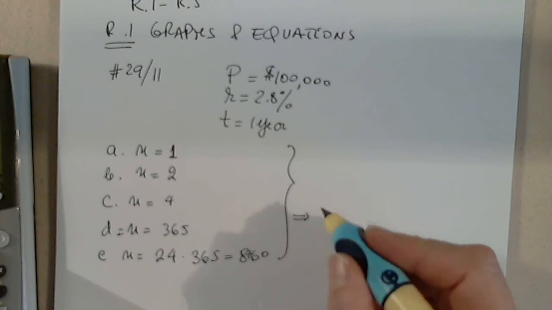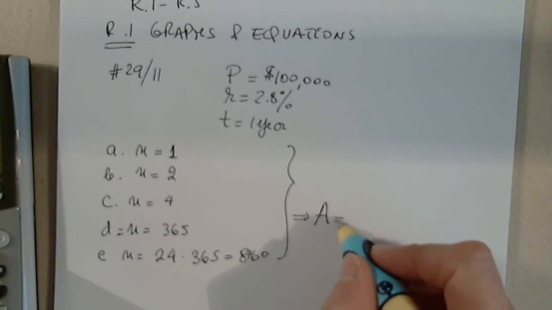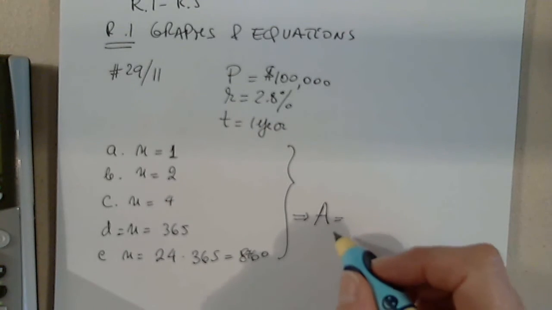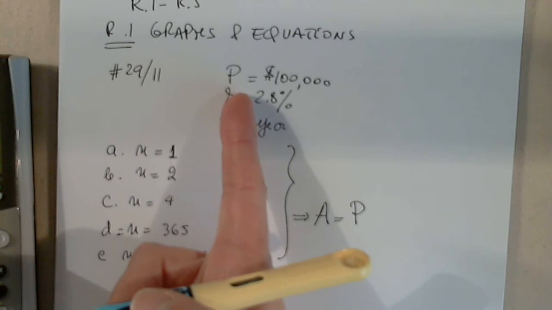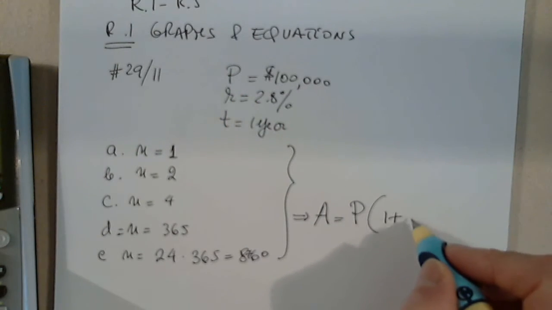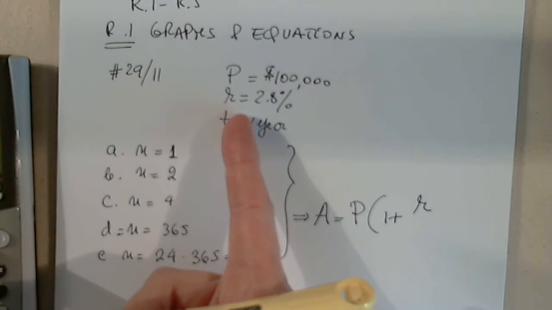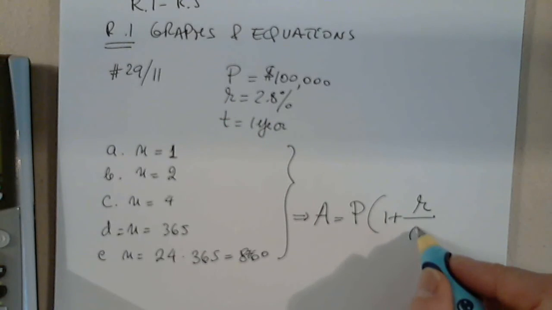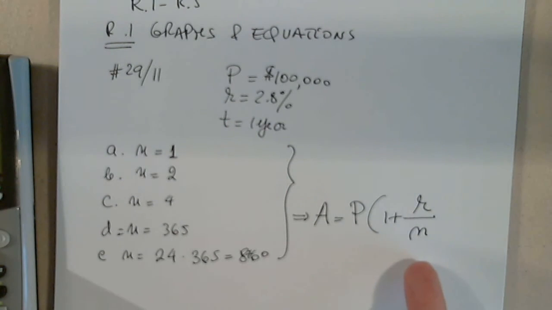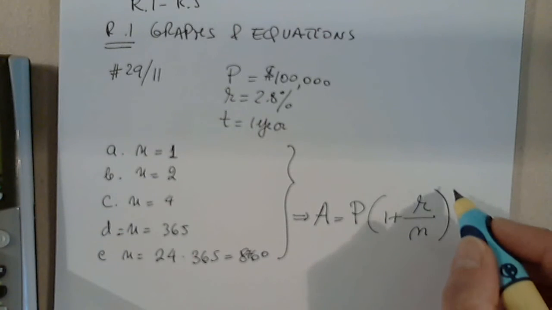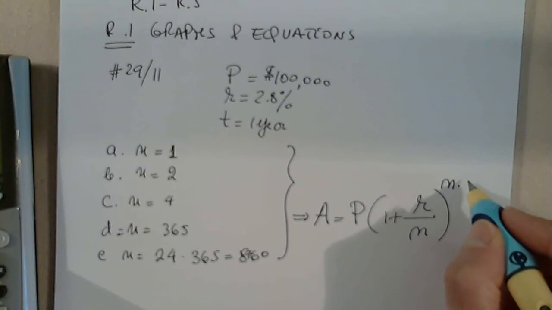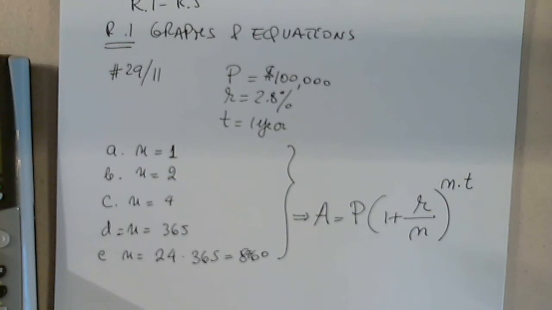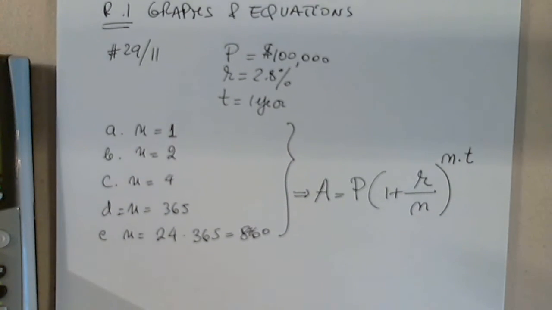The accumulated value, of course it includes interest, is denoted by A, equals the principal, what we deposit, times 1 plus r, the annual interest rate, divided by n, the number of times we compound the interest. Everything raised to n times t, where t is the number of years, in this case t equals 1.